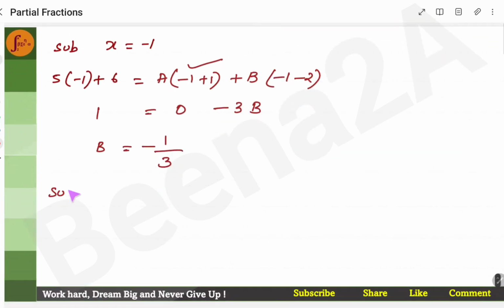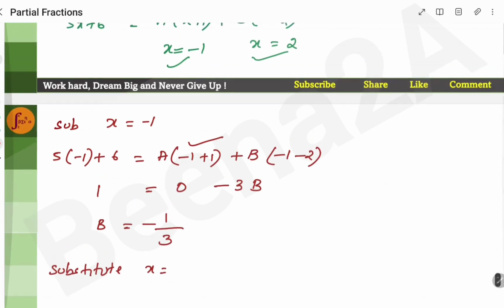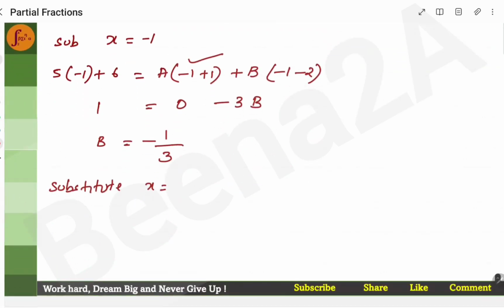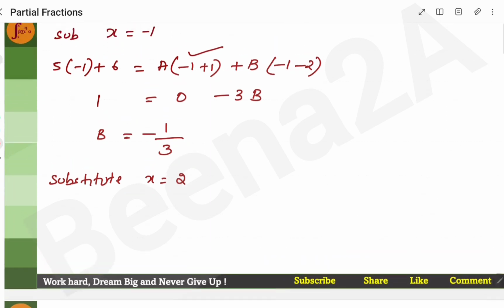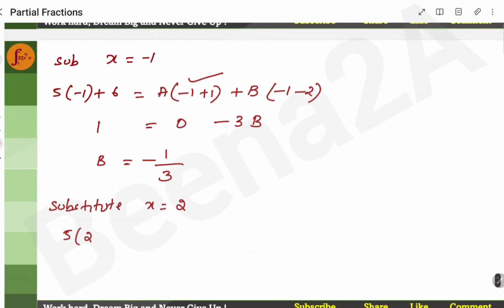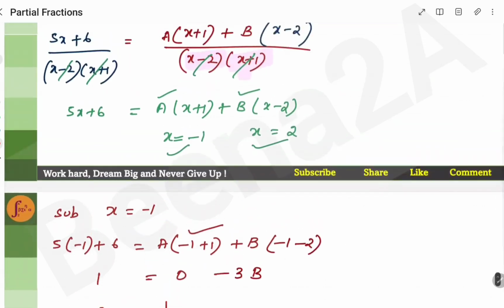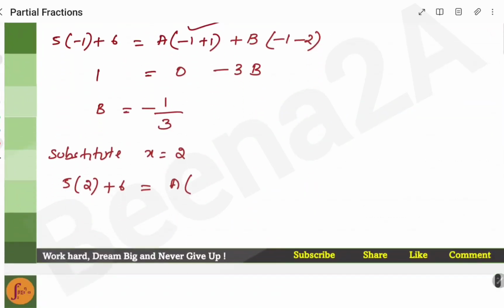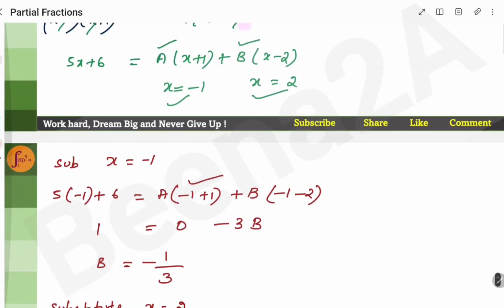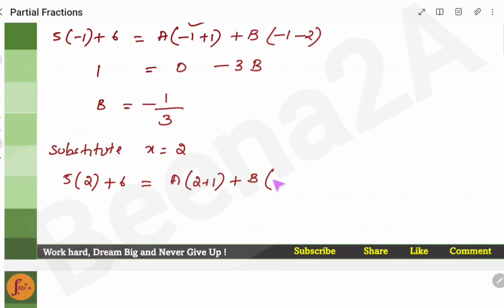Now I'll substitute x is equal to, what is the next value? 2. I'll substitute x is equal to 2. So I'll get 5 into 2 plus 6 is equal to a into x plus 1. x is 2. So 2 plus 1. This b will become 0. One of the terms has to become 0. So this will become 2 minus 2, which is 0.